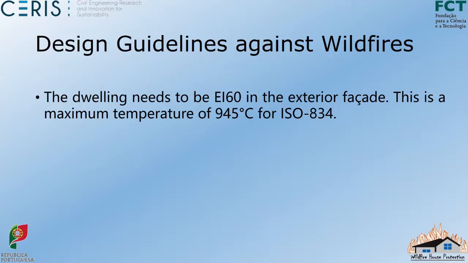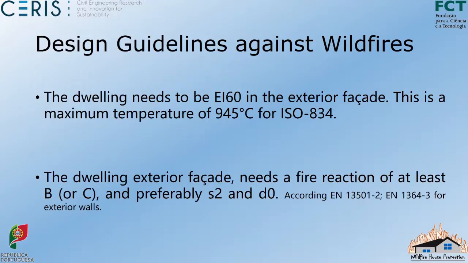So remember, we said a wildfire can have a maximum temperature around 800 to 900 degrees in the trees and the bushes, but it's only for 3 to 10 minutes. So if we admit an EI of 60 minutes, we go even for a maximum temperature above 900 degrees, and therefore we guarantee that the dwelling is fireproof against wildfires.